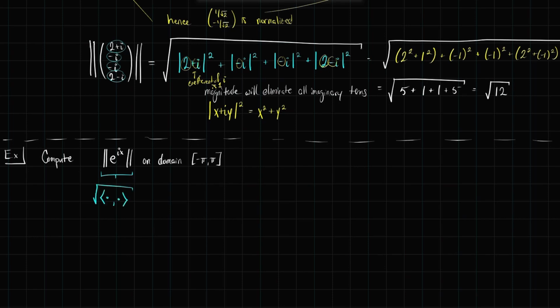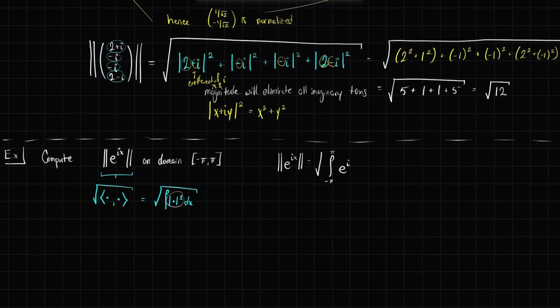So if I do my shorthand for functions, it's the square root of the integral of the function in magnitude squared dx. So in this case, the norm of e to the ix over that domain is the square root of the integral over the domain, so the domain is -pi to pi. And then I take the function, that's a magnitude, right?